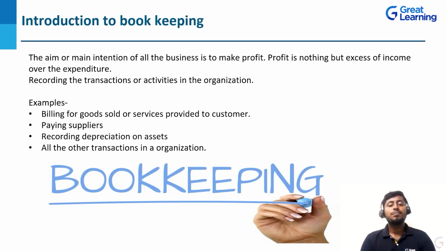So that is the prime objective of all the activities. Profit is nothing but the excess of income over expenditure. So how to calculate the profit? Whatever our expenses and incomes are, incomes minus expenses, if it is positive, then it is a profit. If it is negative, then it is a loss, correct?